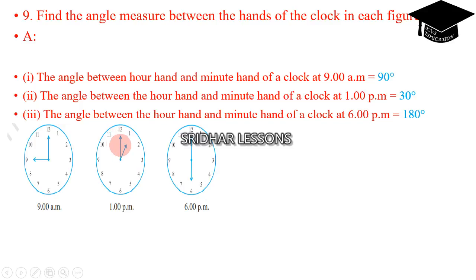Clearly, this is not a larger angle, so this is acute. We can estimate this one. By seeing this picture only, we can tell it is 180 degrees because it is a straight angle. The angle between the hour hand and minute hand of a clock at 6 p.m. is a straight angle. It is 180 degrees.